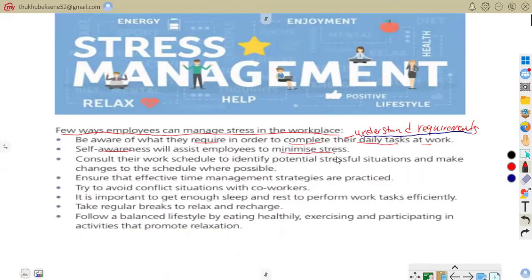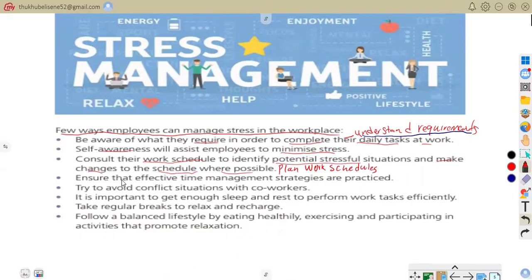Next, consult your work schedule to identify potentially stressful situations and make changes to the schedule where possible. Here we are saying plan work schedules. You do that by organizing tasks, and organizing tasks reduces pressure.